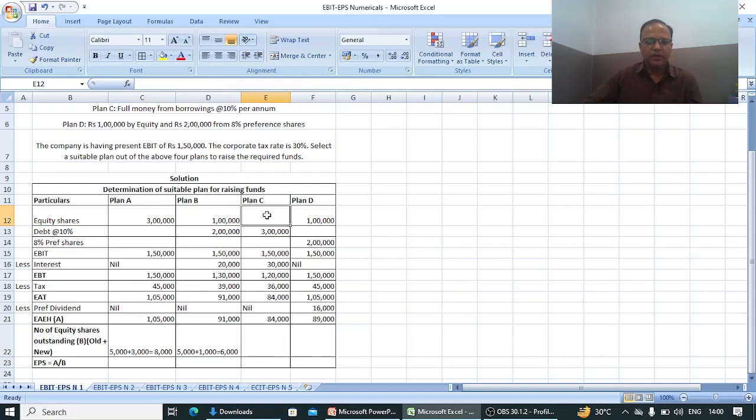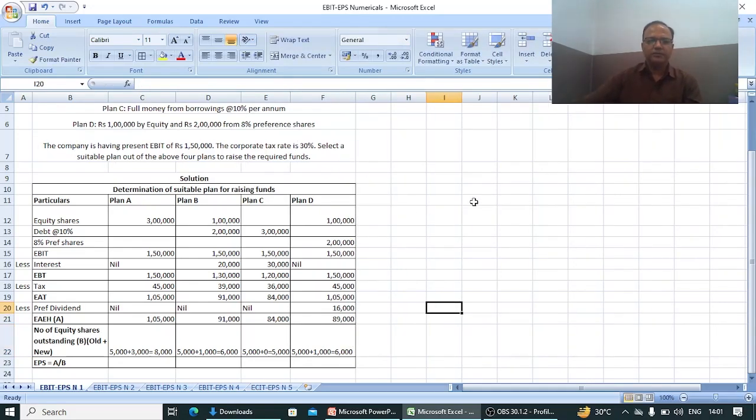Here, it's very much clear that we never used equity shares for collection of rupees 3 lakh in plan C. So here 5,000 plus 0 is equal to 5,000. In plan D again 5,000 plus 1,000 is equal to 6,000.